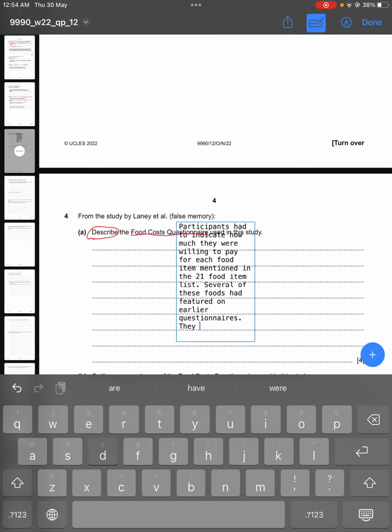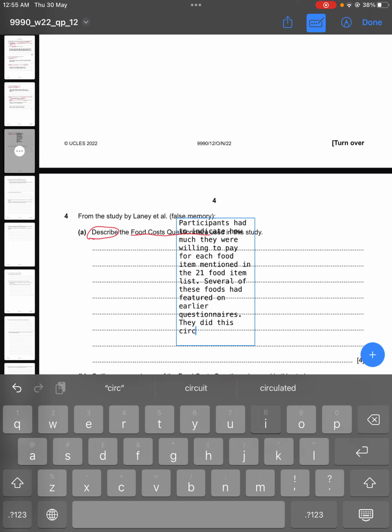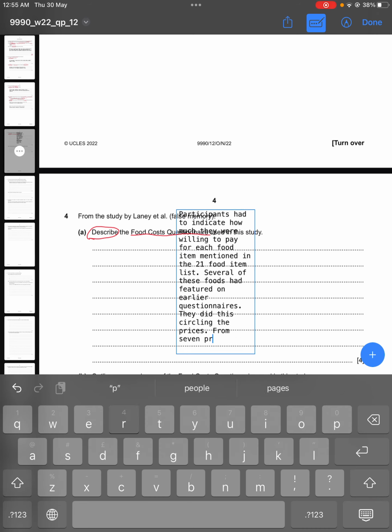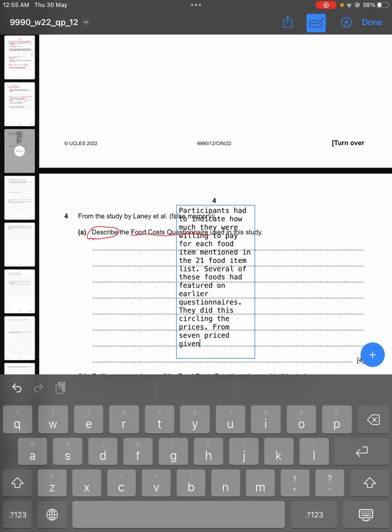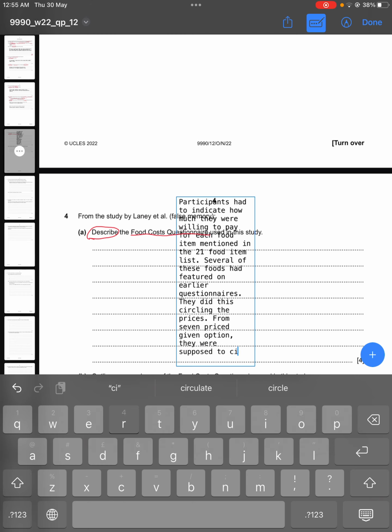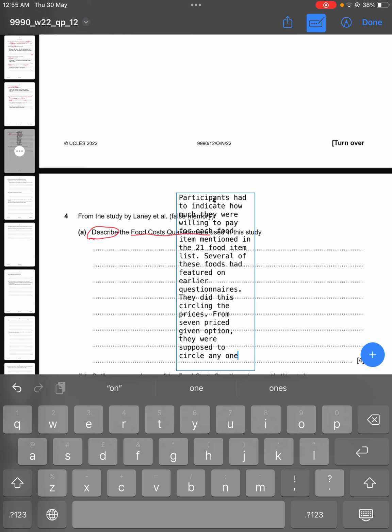They told how much they were willing to pay by circling the prices, the options of prices mentioned, and from 7 priced options given, they were supposed to circle any one.